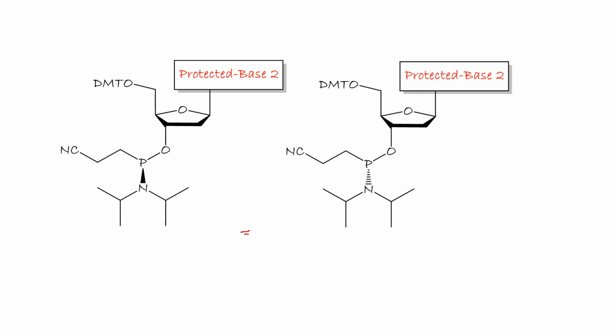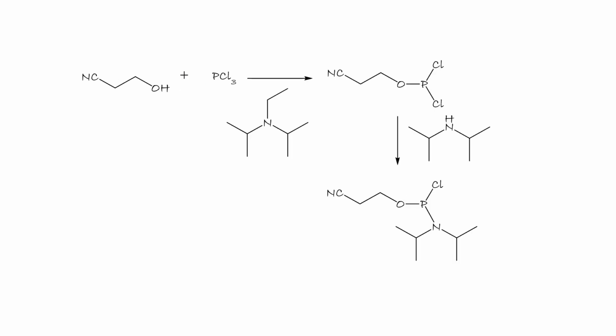These are distinct chemical compounds that give rise to two spots on TLC and HPLC, and two peaks in the P31 NMR spectrum, with two different chemical shifts.